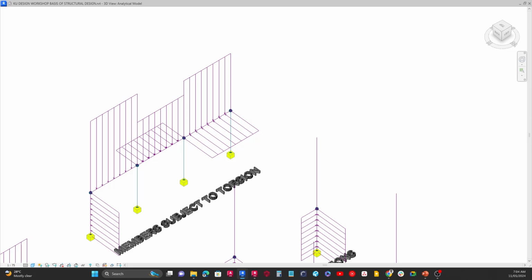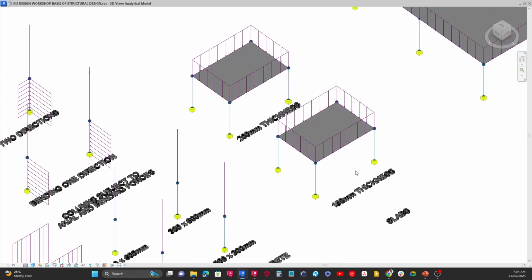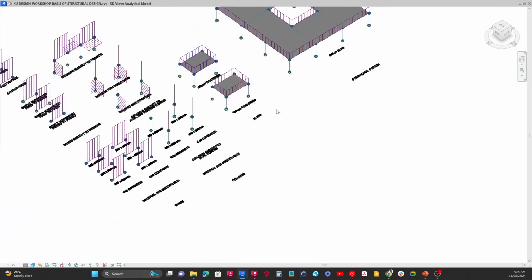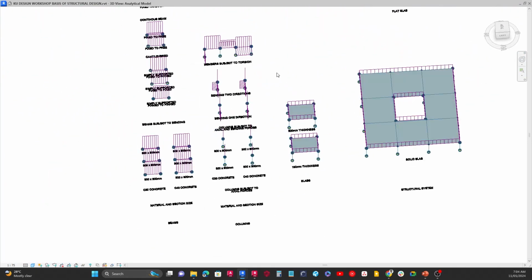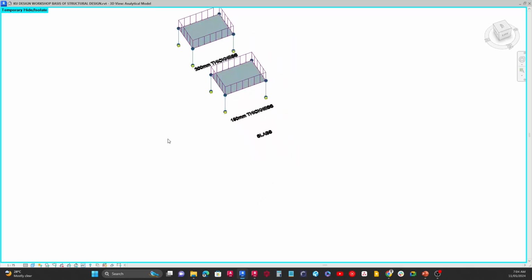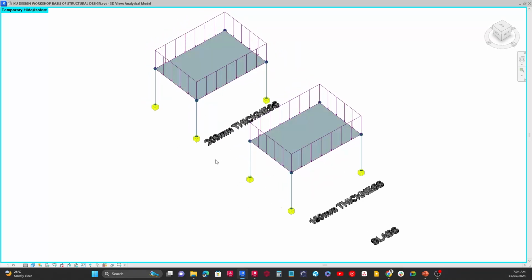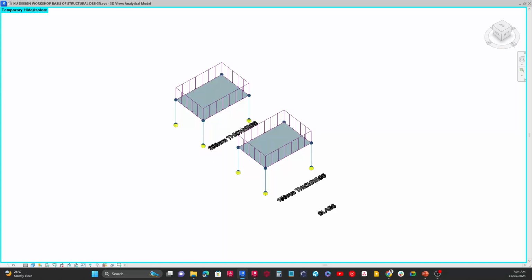Before we do that, let me isolate the slabs so we can see the two slabs here. This is how we would represent it before we take it into a design software, and we'll cover all of this in this training, by the way, if anybody's wondering. We can see that the two slabs have been loaded. They have the same loading, but let's see how they behave under the same loading.